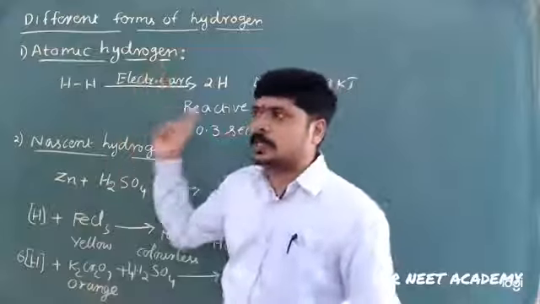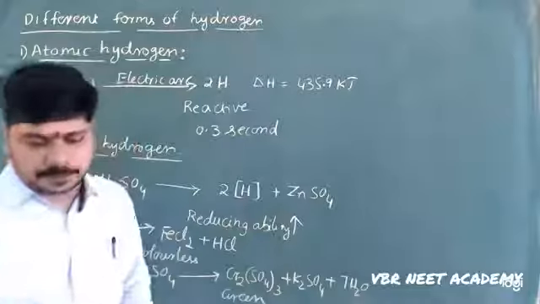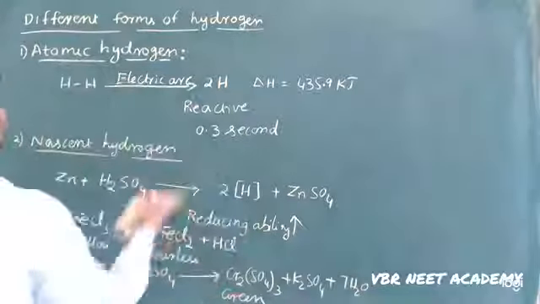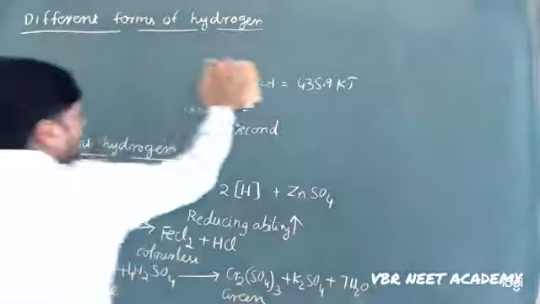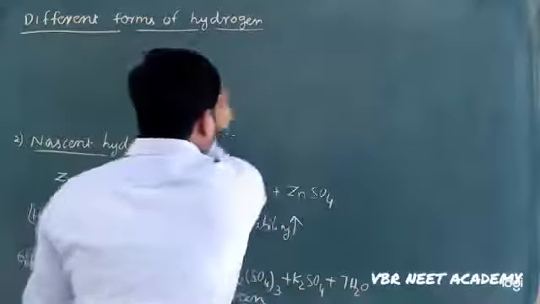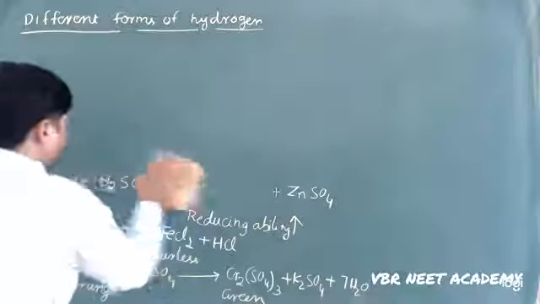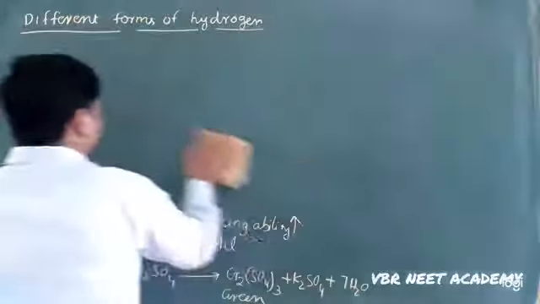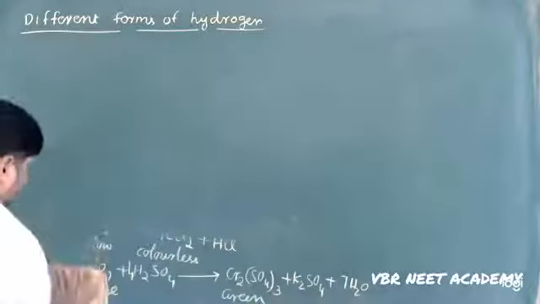The two forms of hydrogen are over, and now the next form of hydrogen. Is it clear for everyone? We are discussing the different forms of hydrogen. The first one we discussed was atomic hydrogen, which is formed when an electric arc is applied to hydrogen molecules, giving two hydrogen atoms.